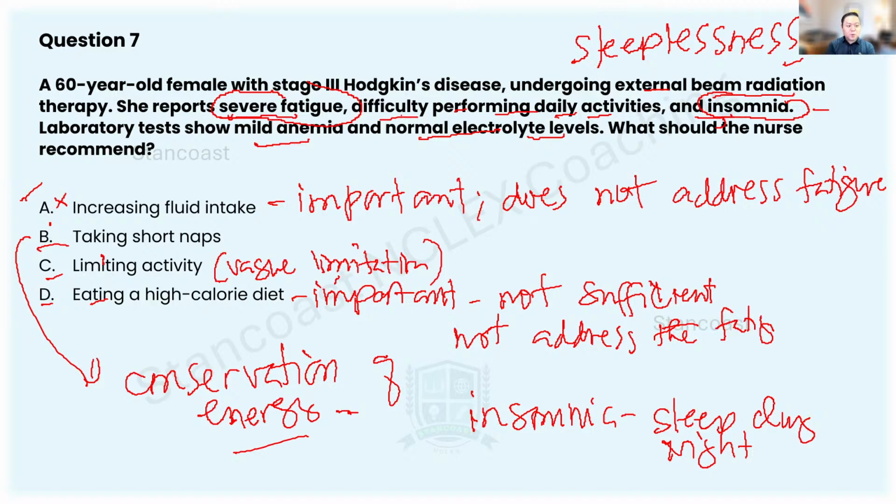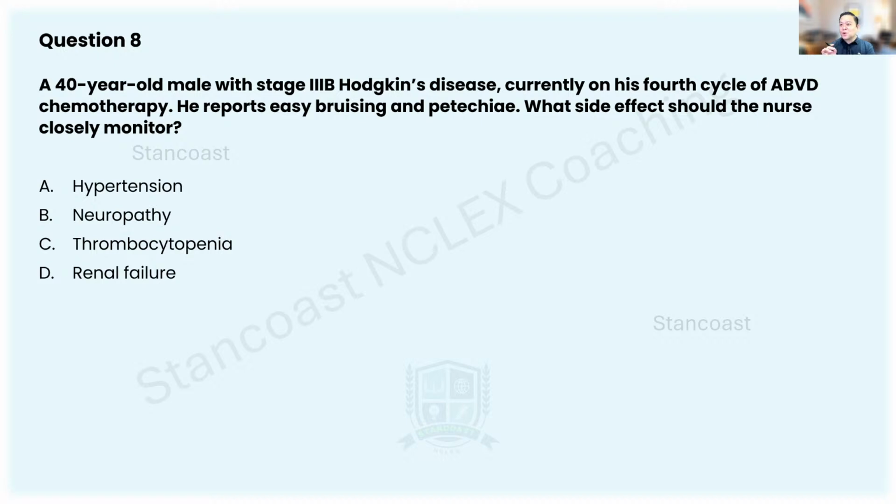We have so many issues that we should be addressing, but looking into the issues, we need to address the severe fatigue that can be addressed by taking short naps. You cannot address any of the insomnia here just by high calorie diet, limiting activity. We got to do something that can be fixed in this situation. Taking short naps. All right, enough with this. Let's move forward with number 8.